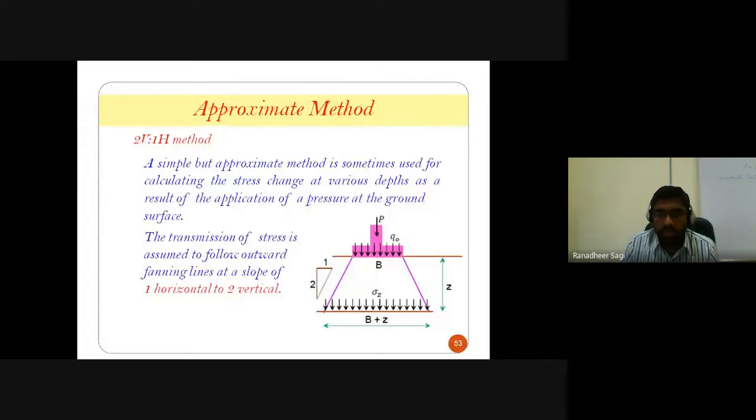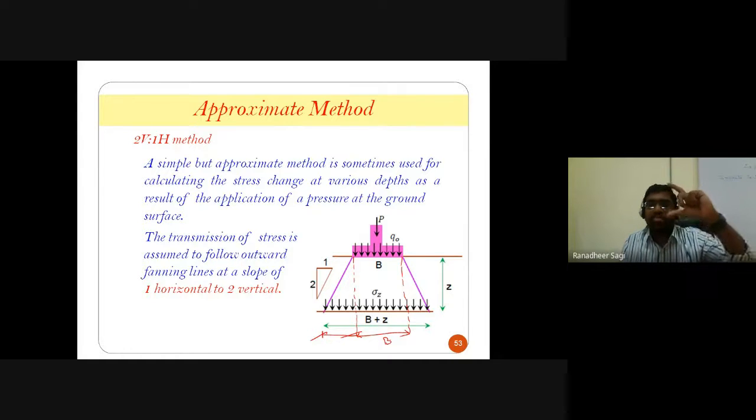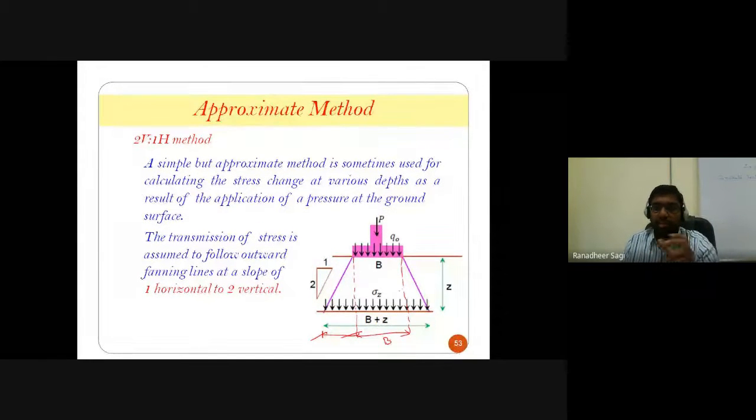For this sloping distribution, this dimension is B. So what is going to be this dimension? For every Z meters variation in the vertical direction, the corresponding horizontal spread for that slope of 2:1 is going to be Z by 2, and in the same way on the other side also, this variation is going to be Z by 2.